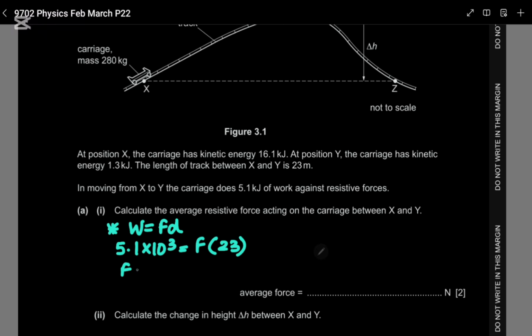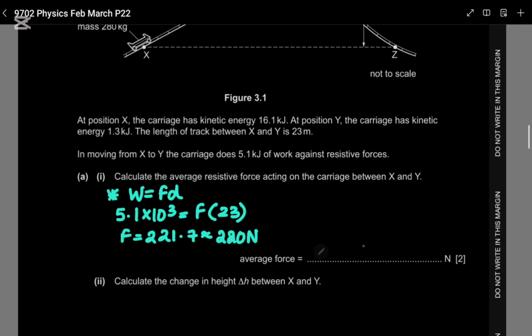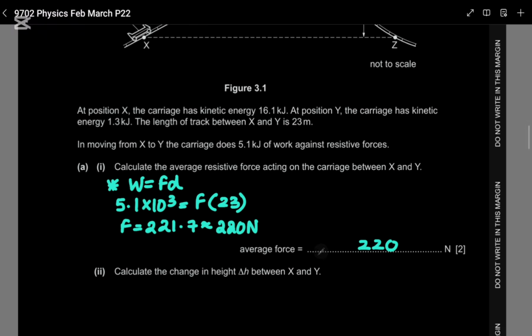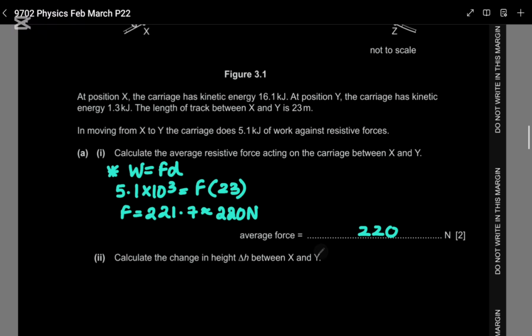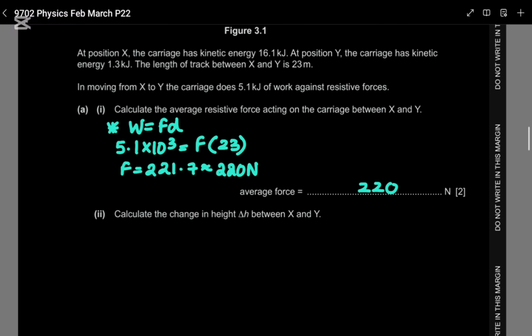So force is equal to 5.1 times 10 to the power of 3 over 23, which is 221.7, approximately 220 newtons to two significant figures. And by the way, that is the resistive force which we found.